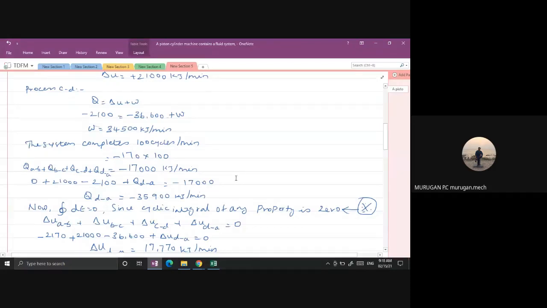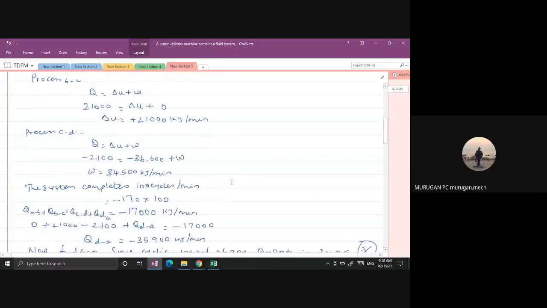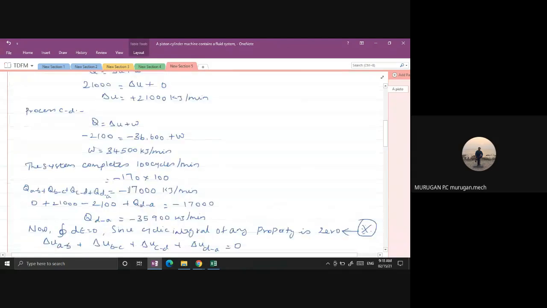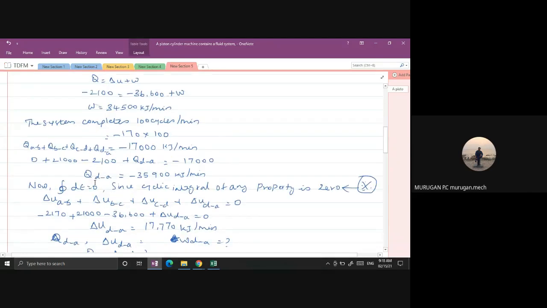Then we have to add all these terms: Q A to B plus Q B to C plus Q C to D plus Q D to A is equal to this value, minus 17,000 kilojoule per minute. So from this data, we can find out Q D to A. Can we find it out?